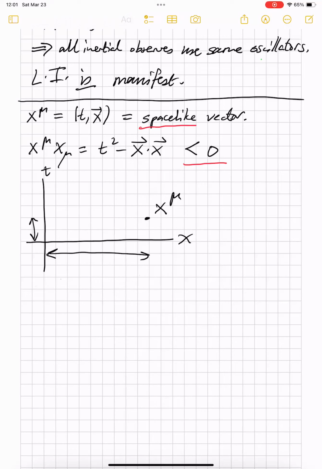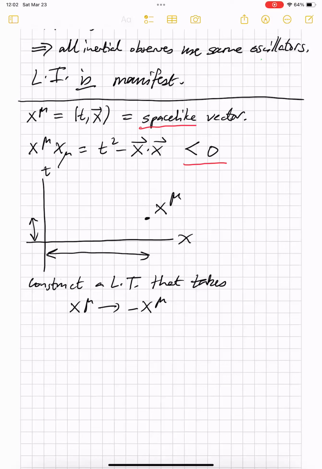What you have to do is construct a Lorentz transformation that takes x^μ into minus x^μ.